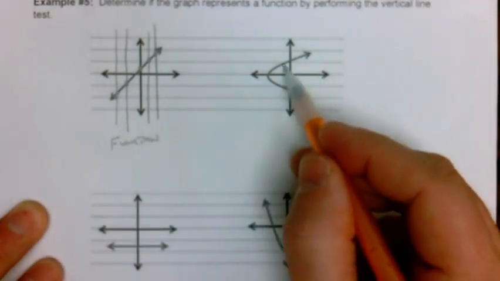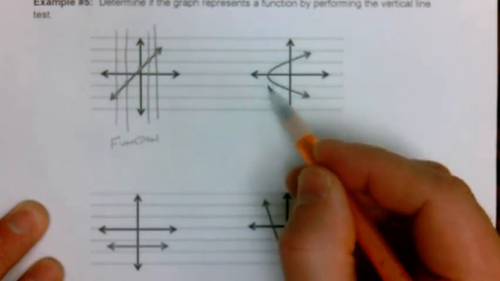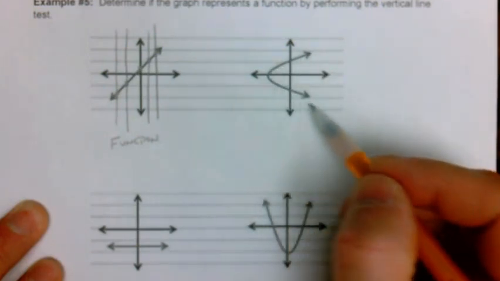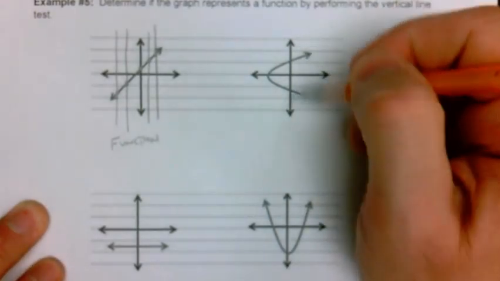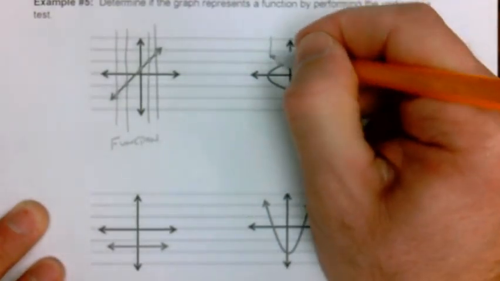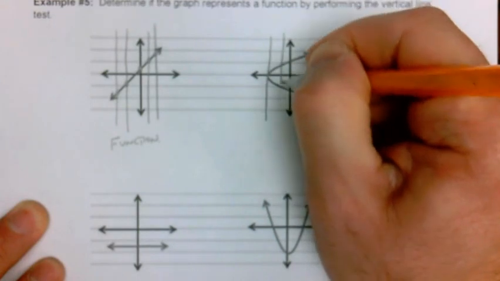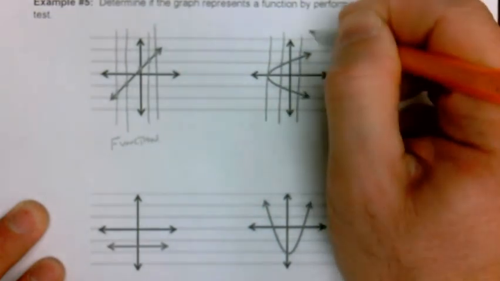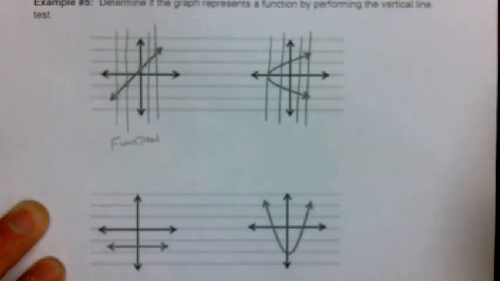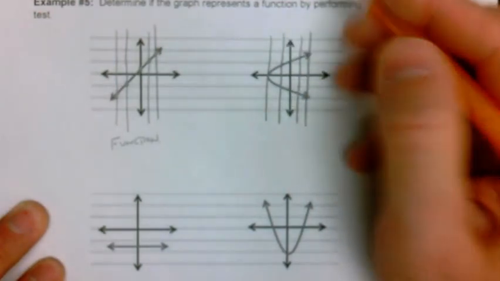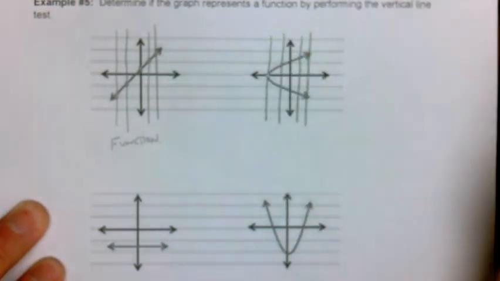Okay, here's our relation this time. It's this curved piece right here. Let's draw in some vertical lines. So again, I'm going to use this as 1. Here's a second, here's a third, here's a fourth, here's a fifth. This vertical line hits the relation in one spot right there.